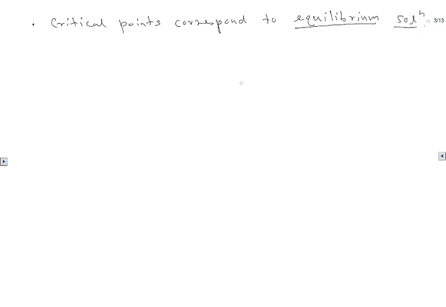So there can be more than one equilibrium solution depending on the starting point. That's why we say equilibrium solutions, because it's not just one. It can be more depending on the starting point.